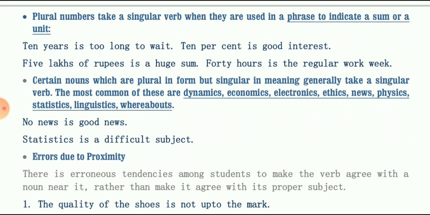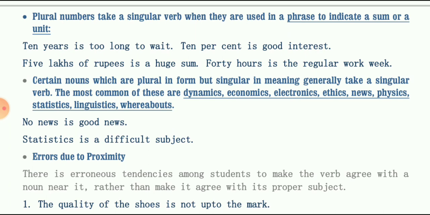Certain nouns which are plural in form but singular in meaning generally take a singular verb. The most common of these are dynamics, economics, electronics, ethics, news, physics, statistics, linguistics, whereabouts, mathematics, and so on.